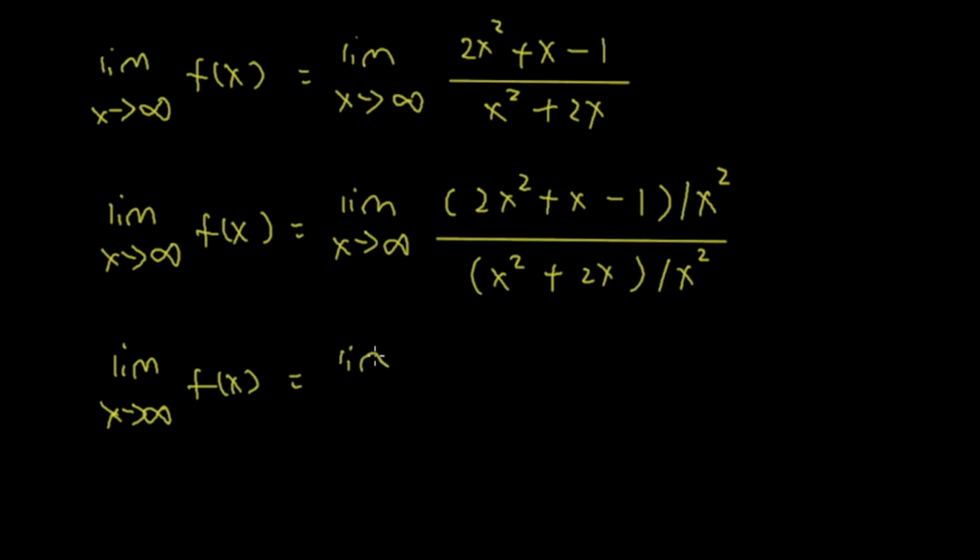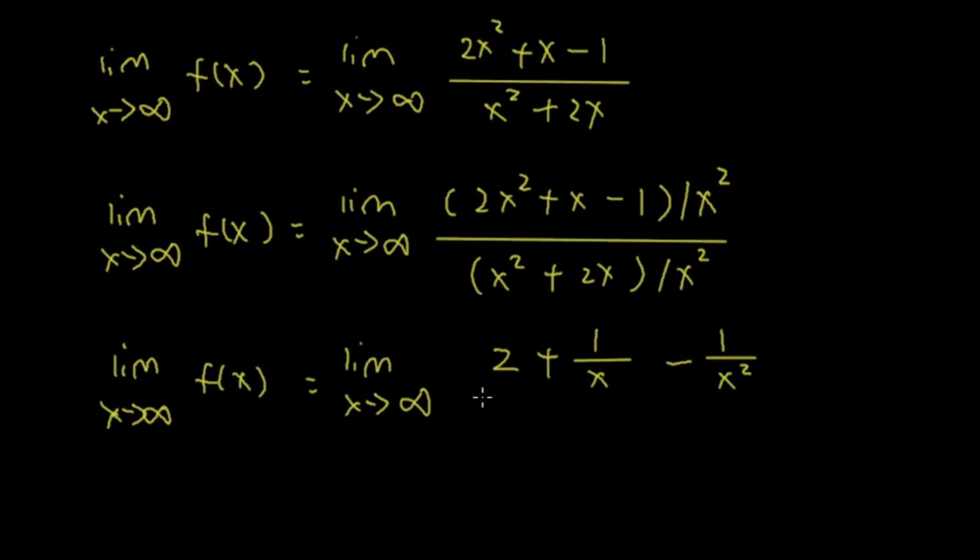Limit as x approaches infinity. Now 2x squared over x squared is 2, plus x over x squared is 1 over x, minus 1 over x squared. Divided by, here x squared over x squared is 1, plus 2x over x squared is 2 over x.